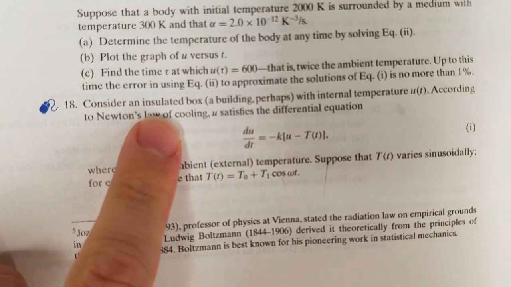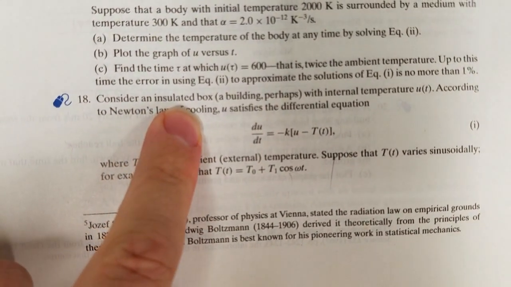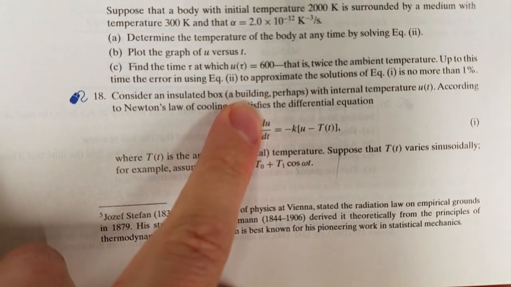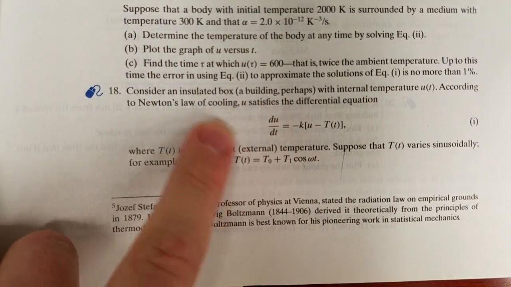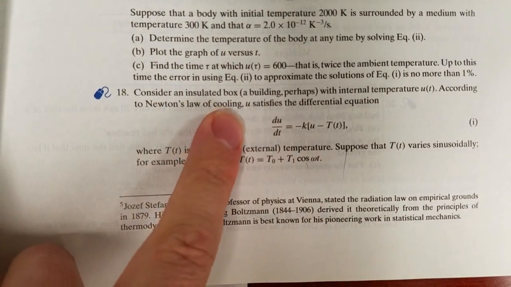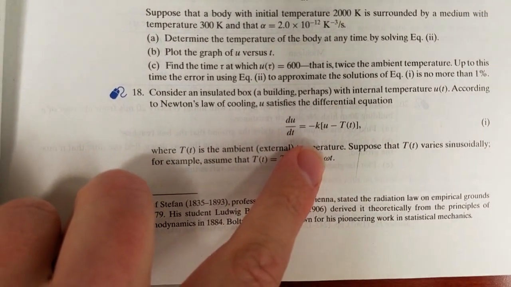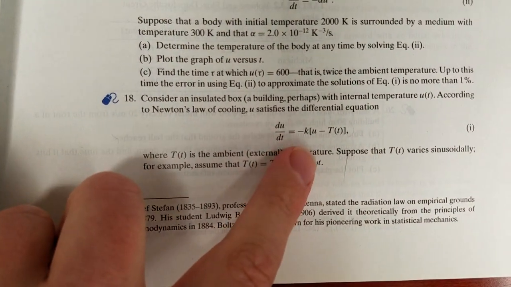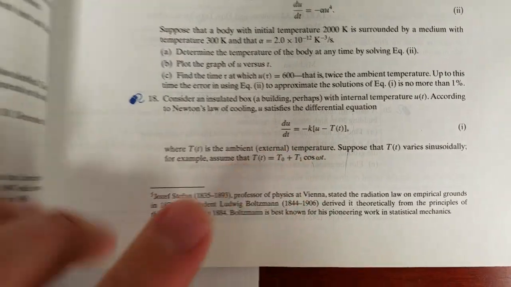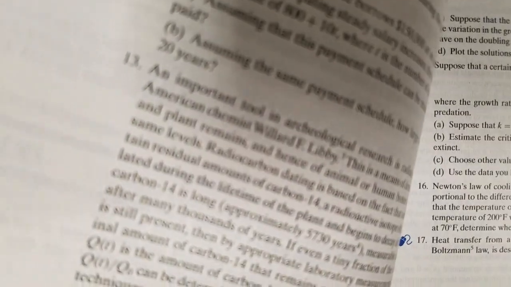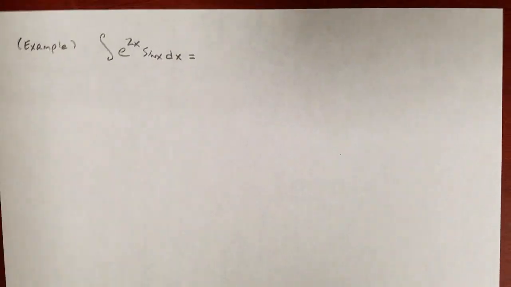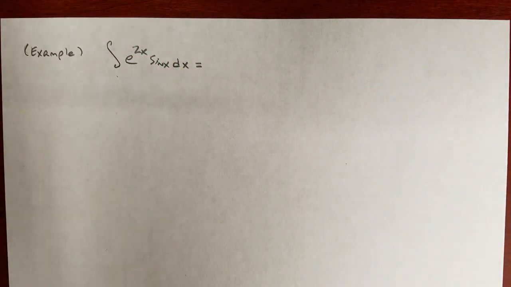It talks about how if you had an insulated box, like a cooler or a building, and the temperature on the outside was fluctuating, could we predict how the temperature on the inside was fluctuating? If you try to solve that problem, you will run into the integral that you see right here, or one that's like it.